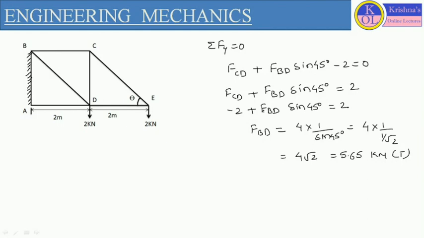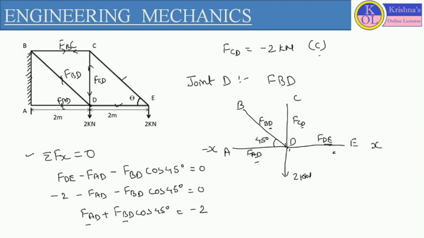From this diagram we can define the equation. FCD is in plus y direction, plus FBD, which is also in plus y direction, but it will be the vertical component, so it will be FBD sine 45, and the next term will be minus because it is in minus y direction. It will be minus 2 kilonewton.